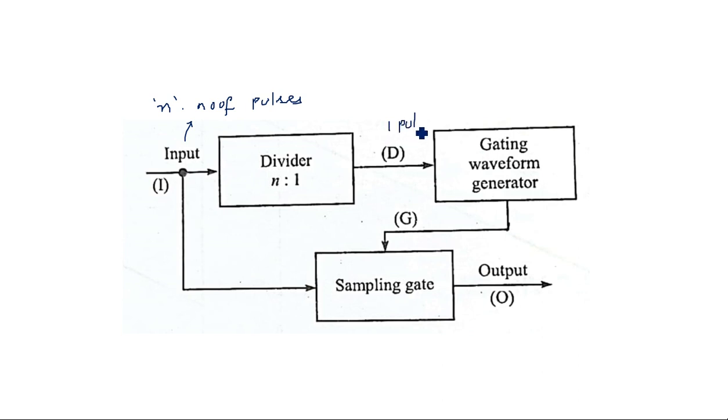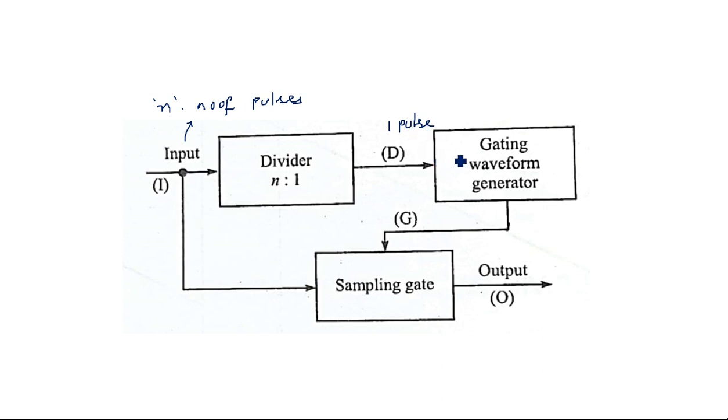Only one pulse will be chosen at the output. That is the purpose of the divider. The divider will divide the input number of pulses by n. That means if there are n number of pulses, one pulse will be at the output.